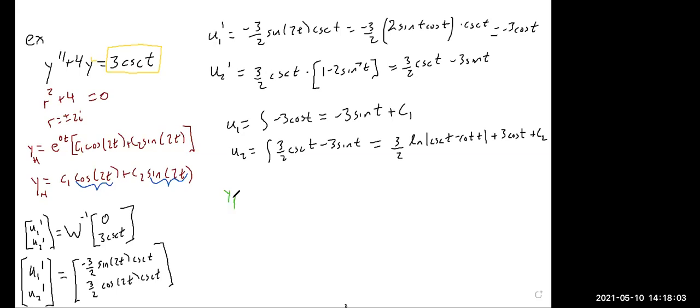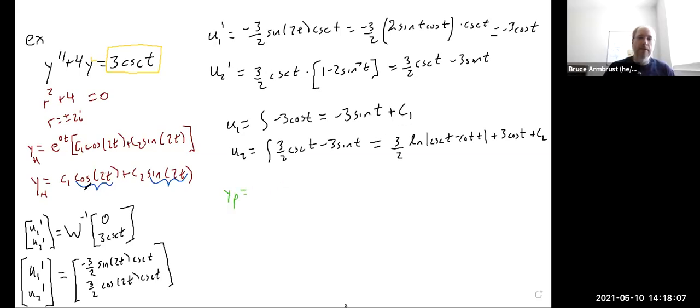We get our YP is going to equal u1 times cosine of 2t. So we're going to get minus 3 sine t cosine of 2t. And since I can have any solution, I'm going to let my c1 equal 0, just to make life easy. And then we're going to add to that this other one times sine of 2t.